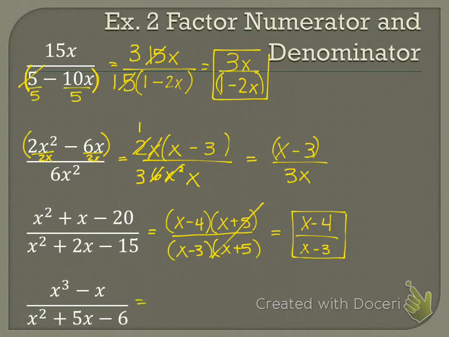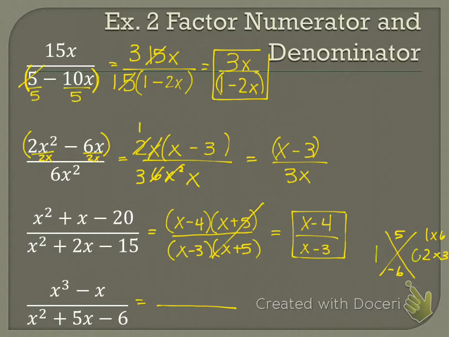Valentina? I see a factoring on the denominator. Okay. And factoring on the denominator. Perfect. She noticed that right off the bat. So I'm going to do my x, 5 up top, negative 6 on bottom. Factors of 6 are 1 and 6, 2 and 3. Which factors do I choose, Vincent? The 1 and 6. Perfect.